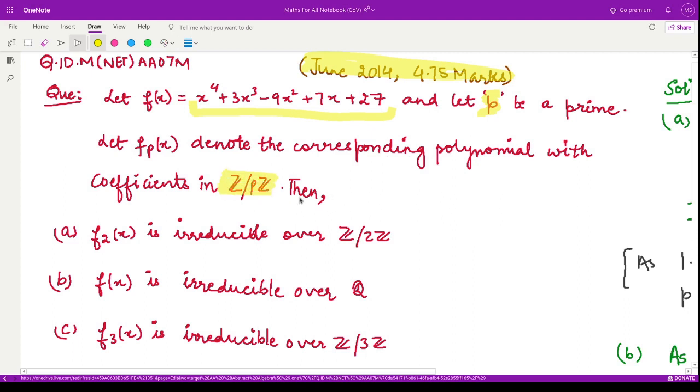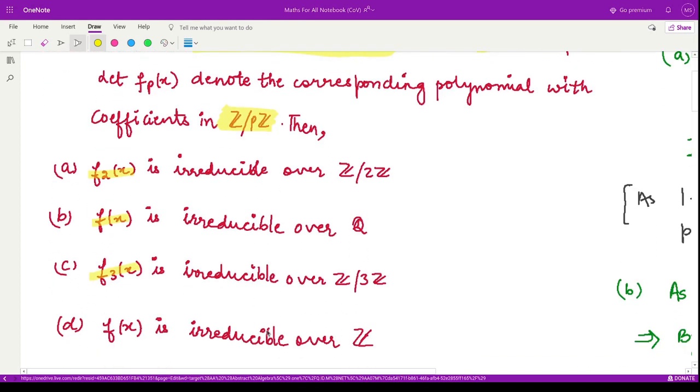They are asking whether f_2(x) is irreducible over Z/2Z, whether f(x) is irreducible over the rationals, whether f_3(x) is irreducible over Z/3Z, and whether f(x) is irreducible over Z. Out of these four we need to tell which are irreducible over the given fields.